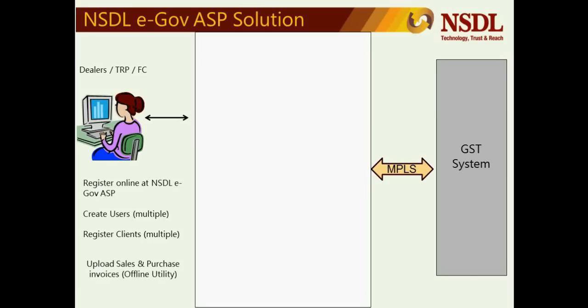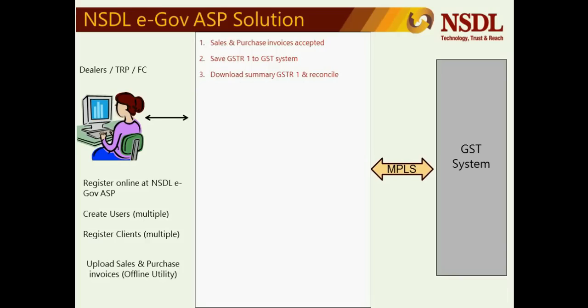Now the various steps involved in the returns filing process are as follows. The portal will help you to accept your sales and purchase invoices and send it to the GST portal. It will save GSTR1 to the GST system periodically.